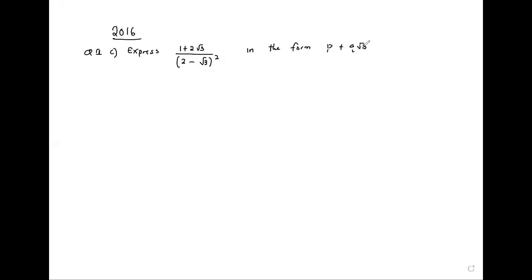So you know the rules of the game here. When you see a square, you can even get that thing and do it down here. This is the same as 2 minus root 3 multiplied by 2 minus root 3. 2 times 2, we get 4, minus 2 root 3 minus 2 root 3. And then negative times negative, we get plus. Root 3 times root 3, we get root 3 squared.